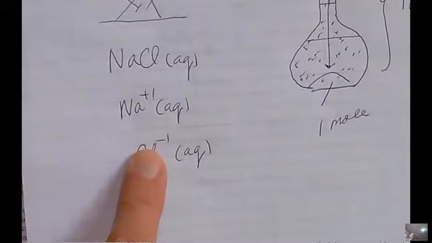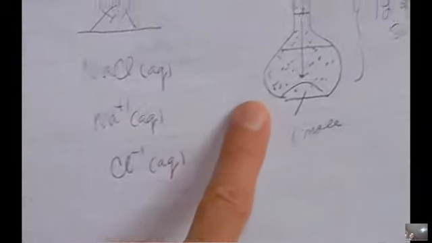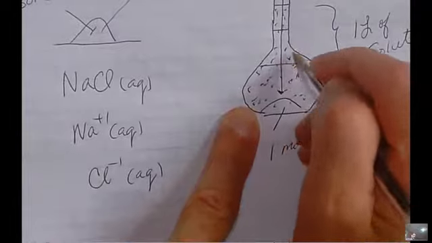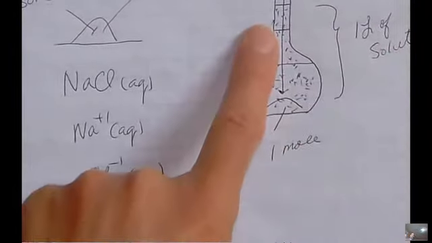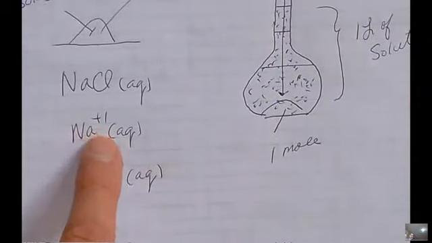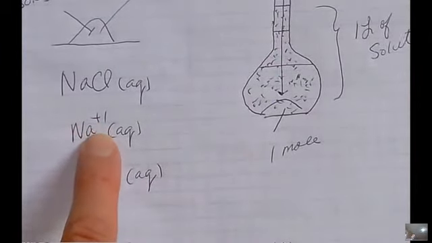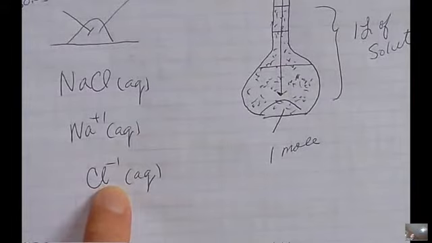This is the way ionic salt dissolves, as individual ions. And there they are, all dissolved. It would be salty water. The whole thing has no electrical charge because it has exactly the same number of sodium ions as chloride ions. Okay?